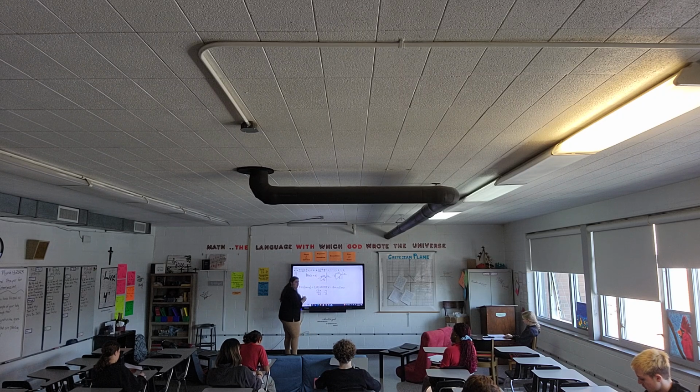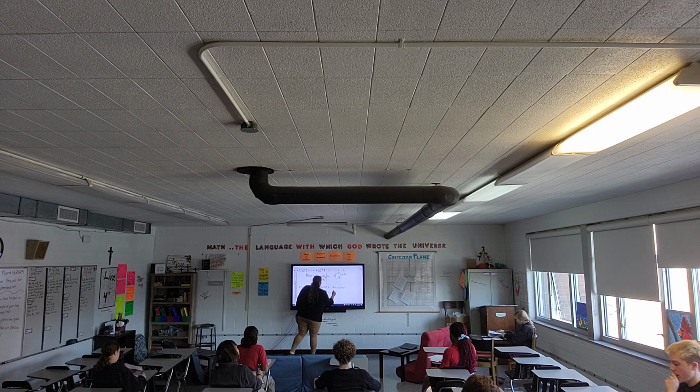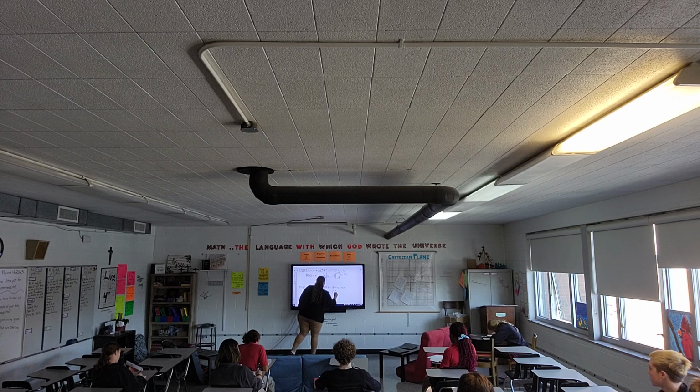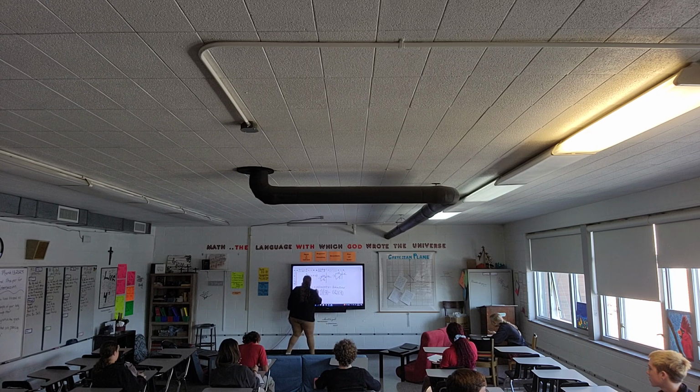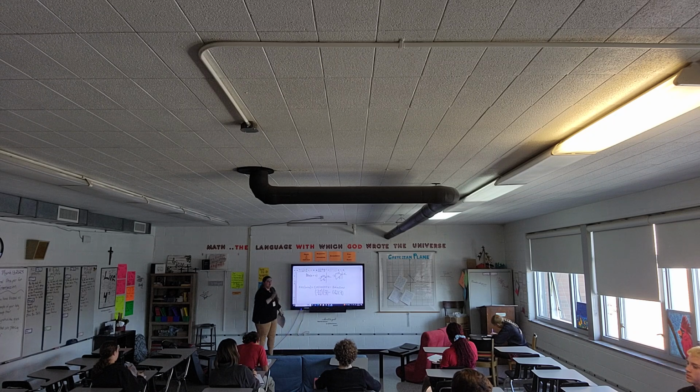Did I write that right? Cosine of v was negative 4 over 5. Minus sine of u, that wasn't given. Sorry guys, this is what it should be. My fault.